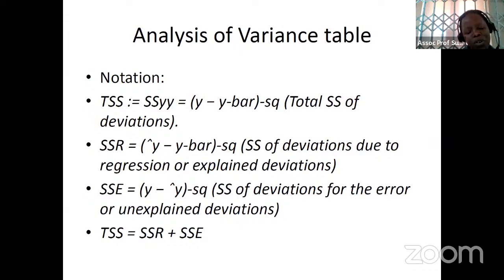Meanwhile, with regression, we are able to identify the relationship, whether it's linear or nonlinear, and we are able to estimate the parameters, the slope and intercept, and validate the regression model or the assumptions under the regression model.